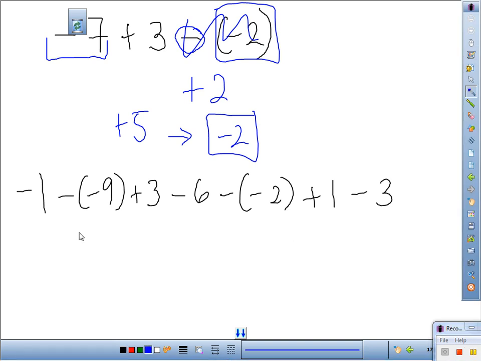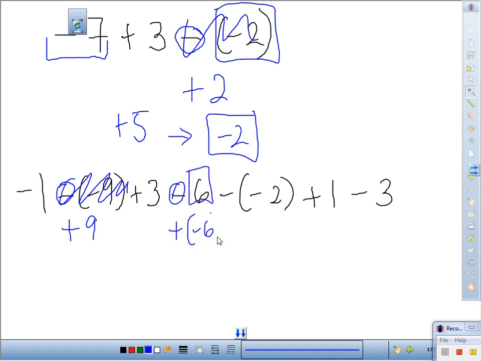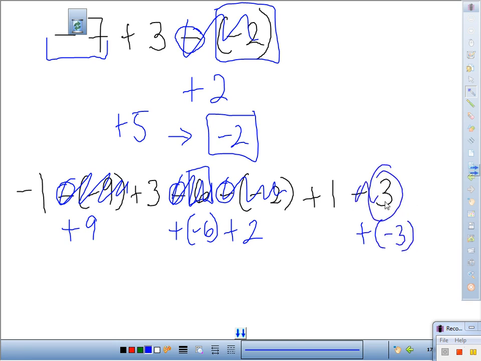All right, let's see. Subtraction, this becomes addition. This becomes a positive 9. Another subtraction right here. This becomes addition. The opposite of this is what? Negative 6. Addition. This becomes positive 2. And another addition here, and this becomes what? Negative 3. All right.